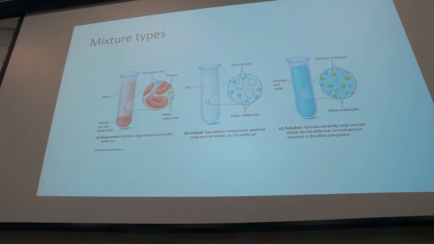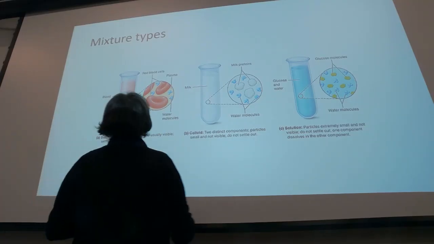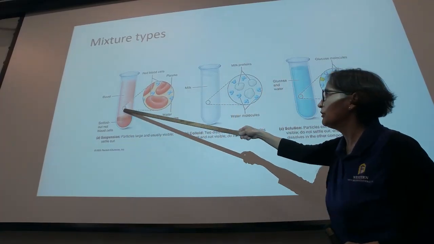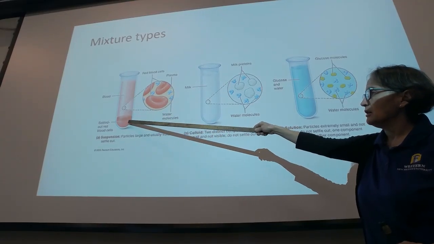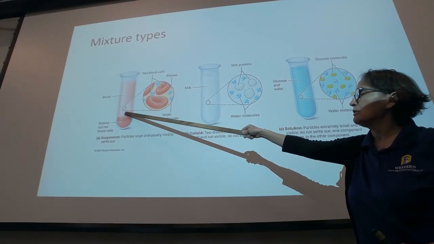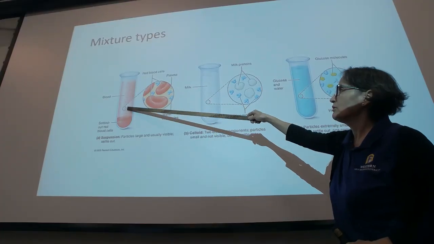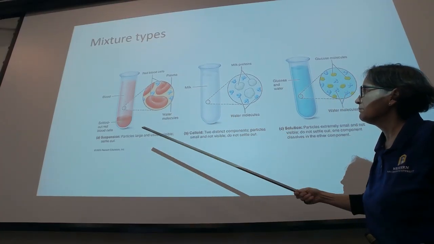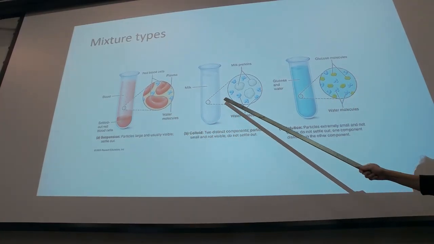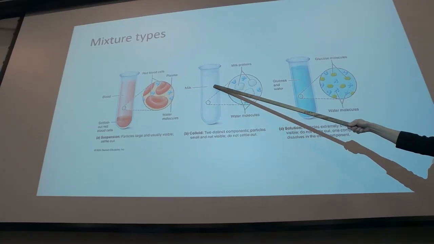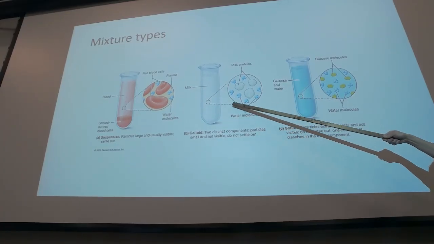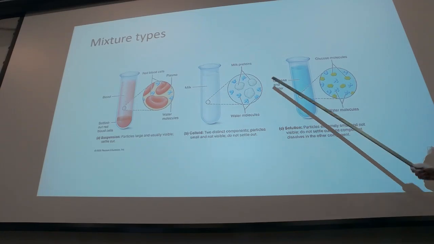So here are the different examples of mixtures. Here's the suspension, tested with blood, physically separate, the molecules are large, the red blood cells settle out, and the liquid portion, the plasma, stays on the top. Colloid, 2 distinct components, particles small and non-visible, like milk, and you keep it in suspension.